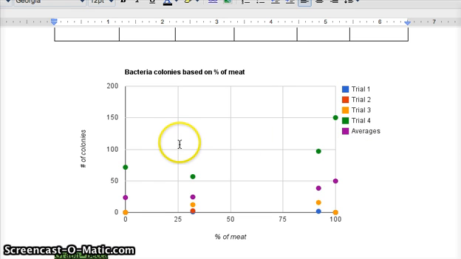This is not our expected graph, it's our actual graph with our actual data. As we expected, ham did actually produce the most bacteria.